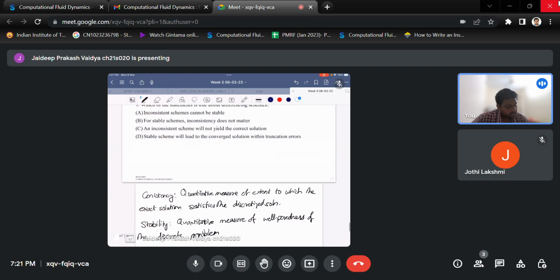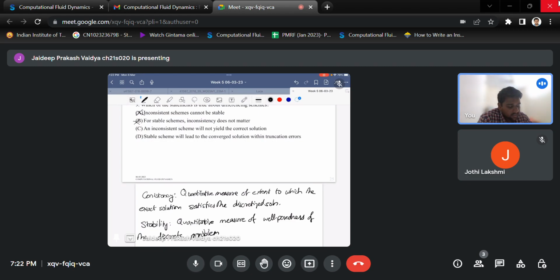So what can be said about these things? Inconsistent schemes cannot be stable. That is not true. Even if a system is consistent, its stability can be questioned by the well-posedness of the discrete solution. For stable schemes, inconsistency does not matter. If the scheme is stable but inconsistent, then we won't be able to get the correct solution. So that is also wrong.